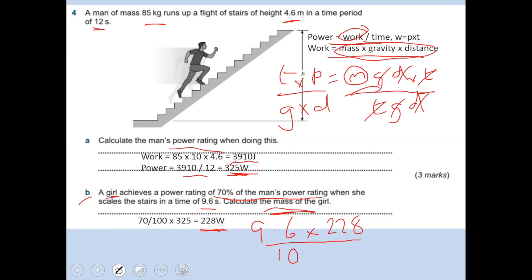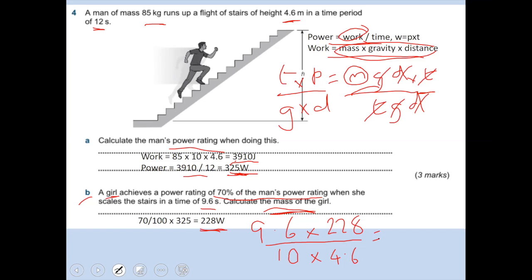It's not always 10 actually, it can be 9.8, but in this question it's given as 10, times the height, which is 4.6, no different to what the man did.